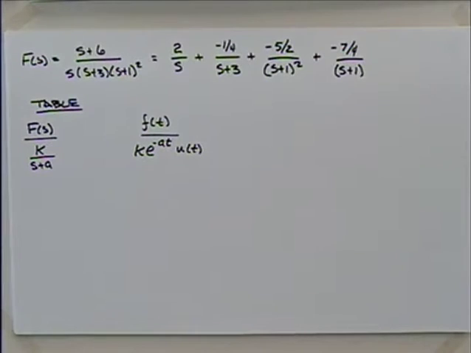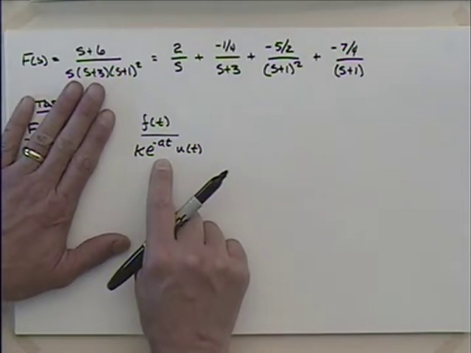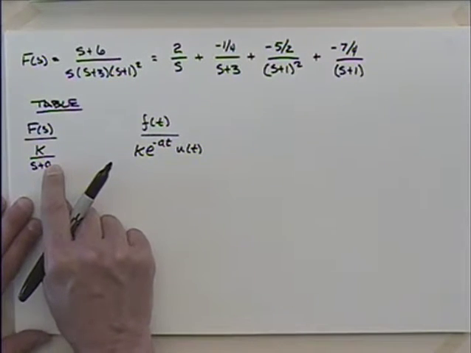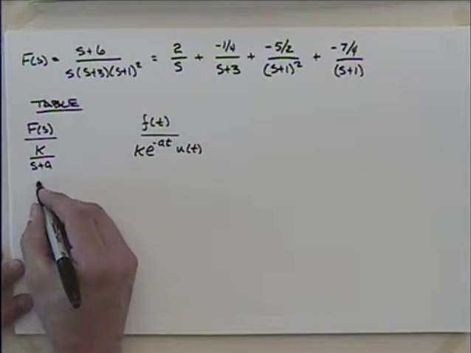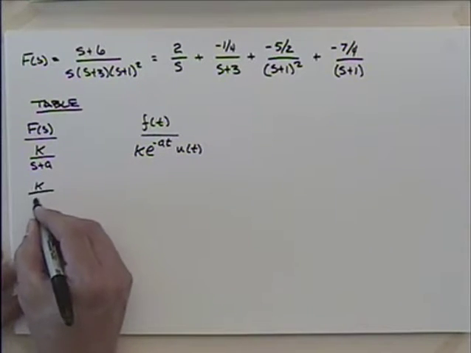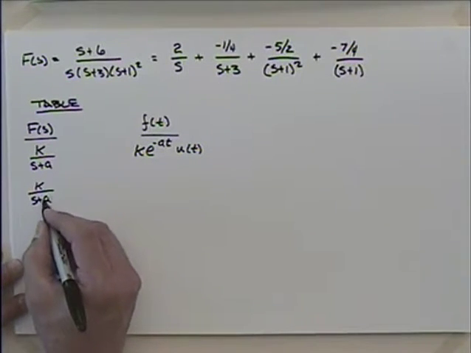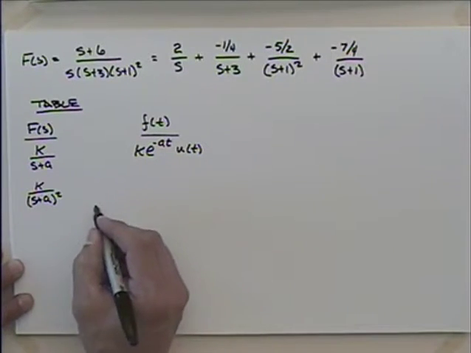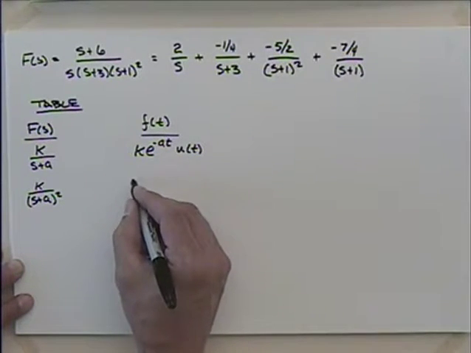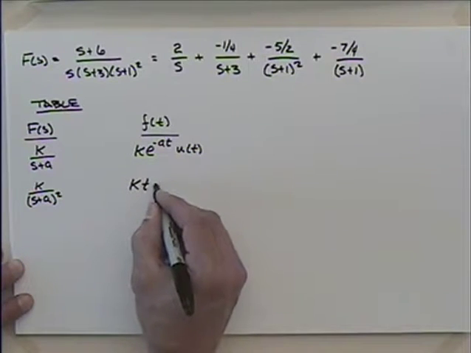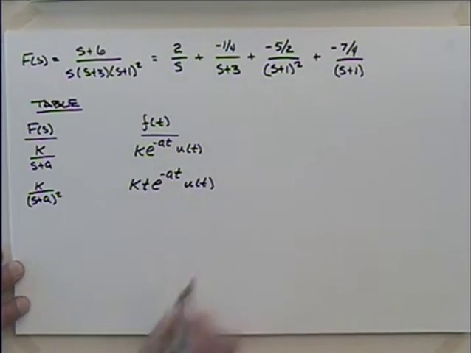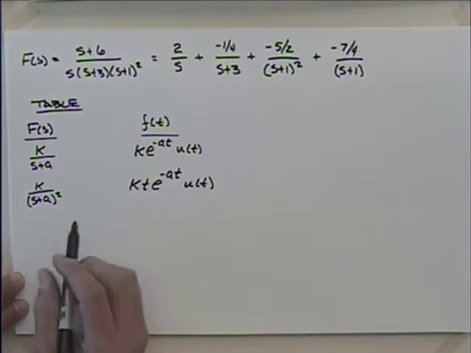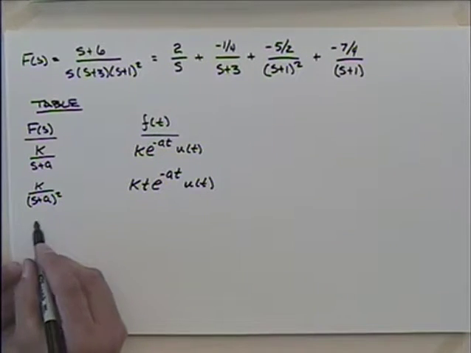And remember when we were doing the forward Laplace transform, we had something like this, and then came up, when we applied the Laplace transform to it, to something that looked more like that. So hopefully this is not completely foreign. Sometimes K over S plus A squared comes up. Certainly did in ours. And that's K times t times e to the minus AT u of t.